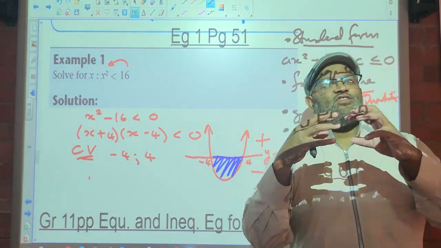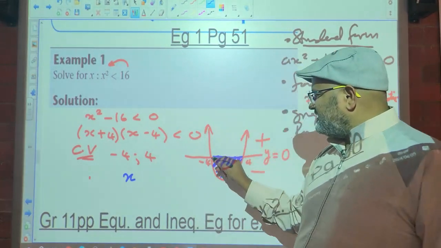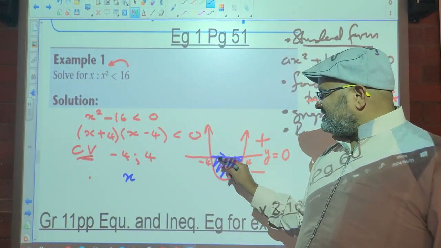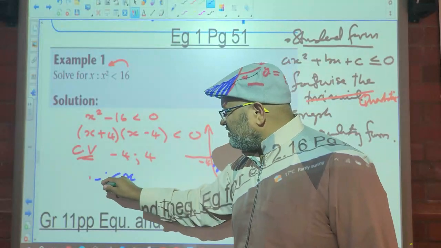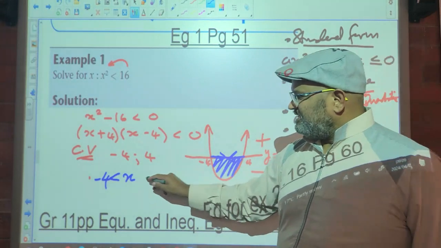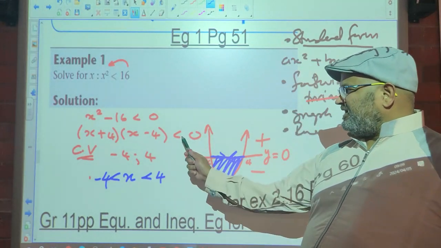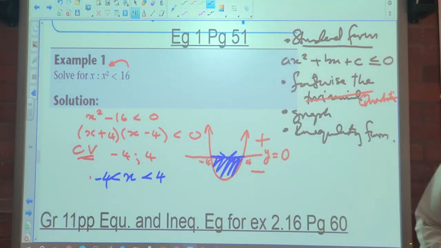So if it's together on the graph, we write it together. So we say x is more than -4, but x is less than 4. If it had an equal sign, I would have put equal and equal.